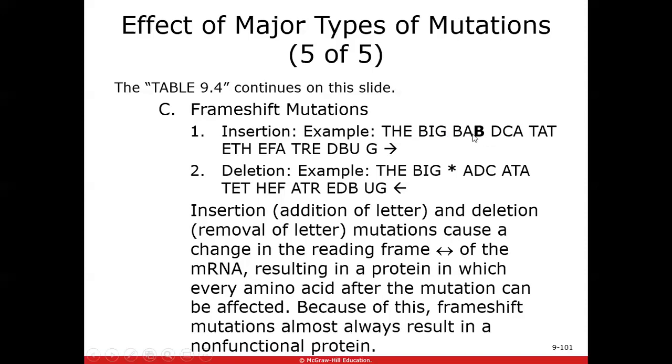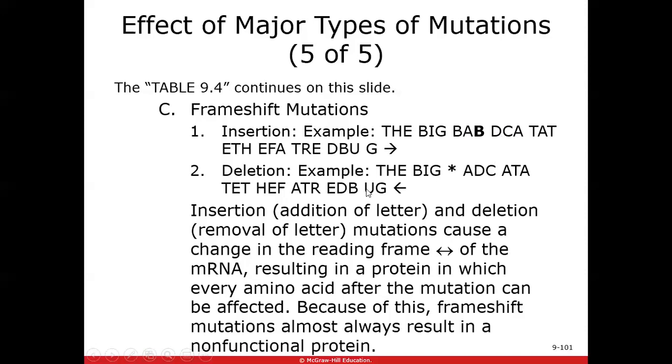And what they did is they added a B, so this B that should be here is now in the next one. So big, bad. Instead of the D, it has a B. It makes a different amino acid here, but it also makes different amino acids from that point on. Because instead of having CAT, it's DCA.